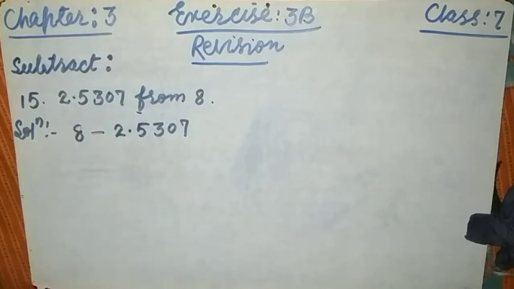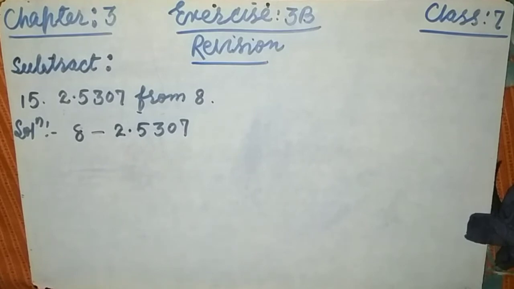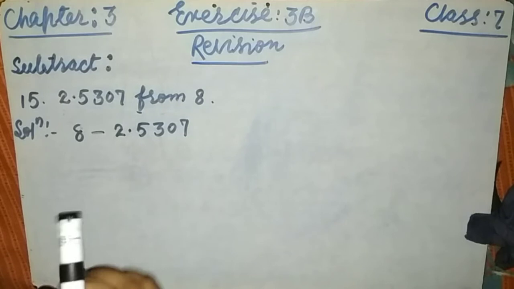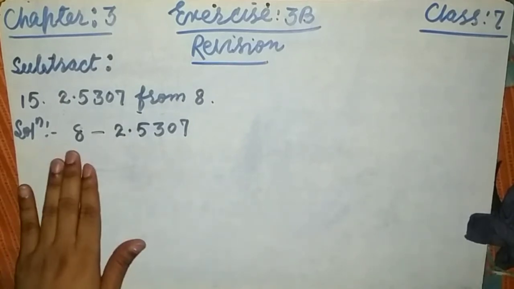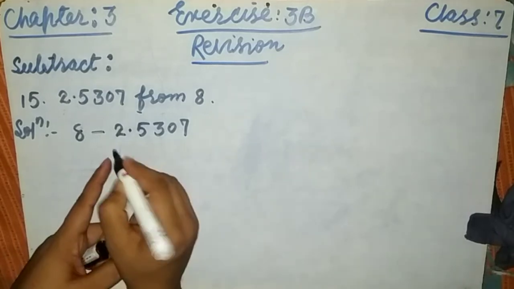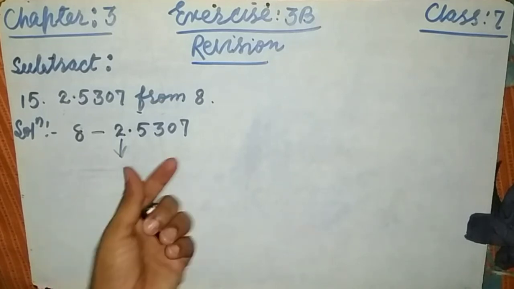Okay, now very simple. Now subtract, friends. First of all, while you are going to subtract two or more decimal fractions, but this is not a decimal, this is a whole number. The decimal is a combination of the whole number part and the fractional part.